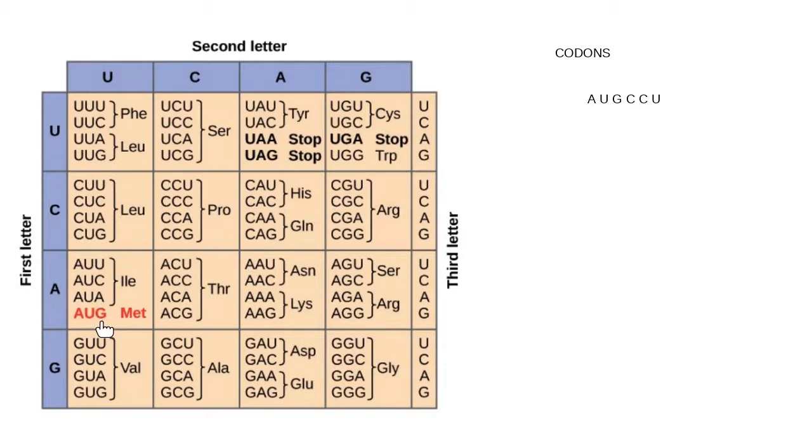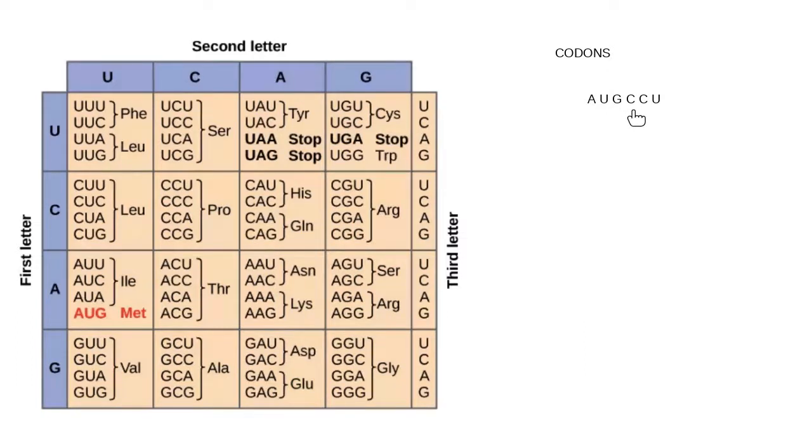Or if you don't want to look inside the box, you can go over here to the third letter on the right side. So my codon, my short word that I'm reading, is AUG. That tells me that the amino acid I'm looking for right here is methionine, or MET. That's its abbreviation. Okay, so we've read our first codon, AUG.